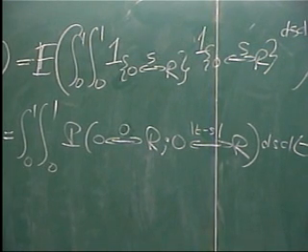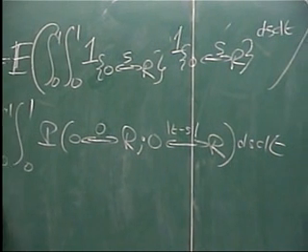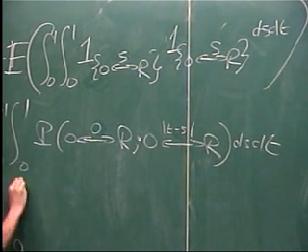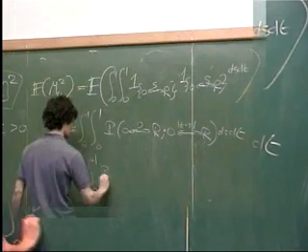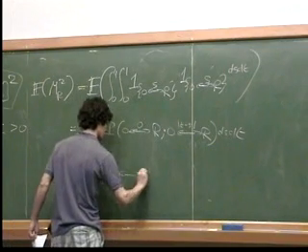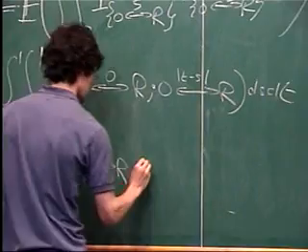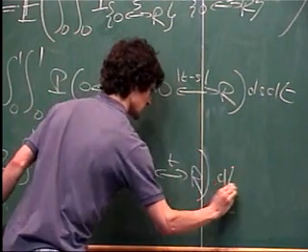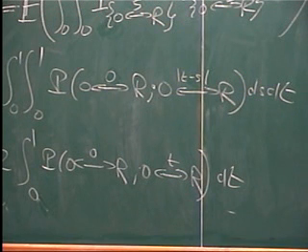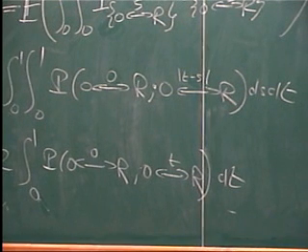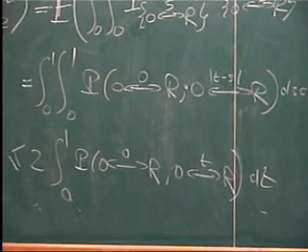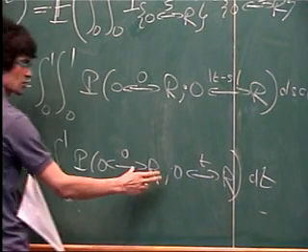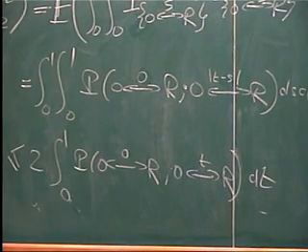So basically, you can rewrite this as less than that. So the second moment, it's an integral of these correlations probability.